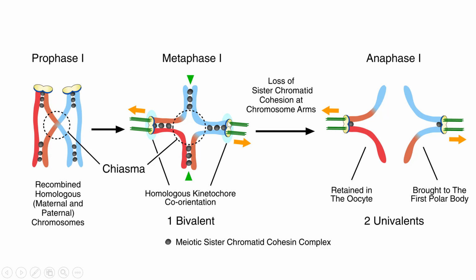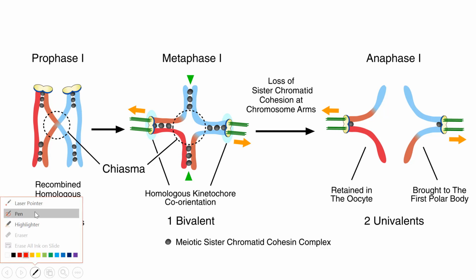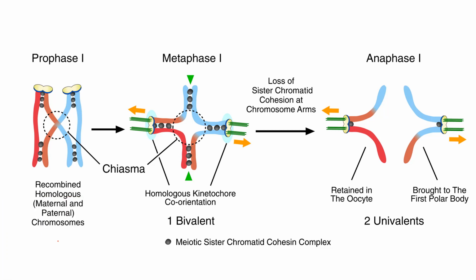And so all microtubules grow out of what are called microtubule organization centers. We refer to those as just MTOCs, which stands for microtubule organization center. And there are a number of different microtubule organization centers. One of those is the centrosome.